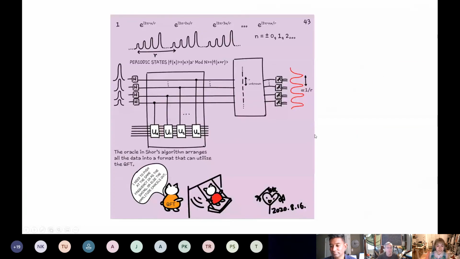So that's basically what Shor's algorithm does. If you just look at each step, it's actually not that complicated. And another way to think about this here is, say this is QFT, and there's a swing. If you're pushing it at the same frequency as the swing, you will have these amplified.